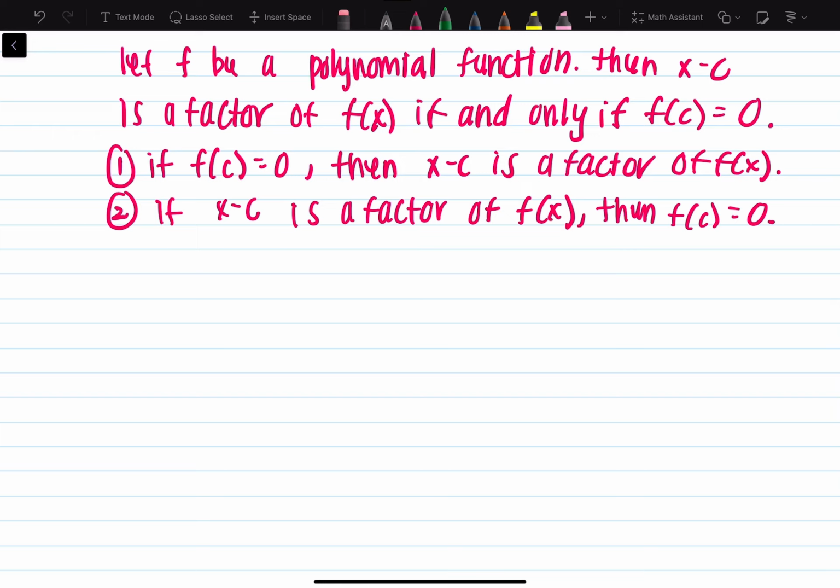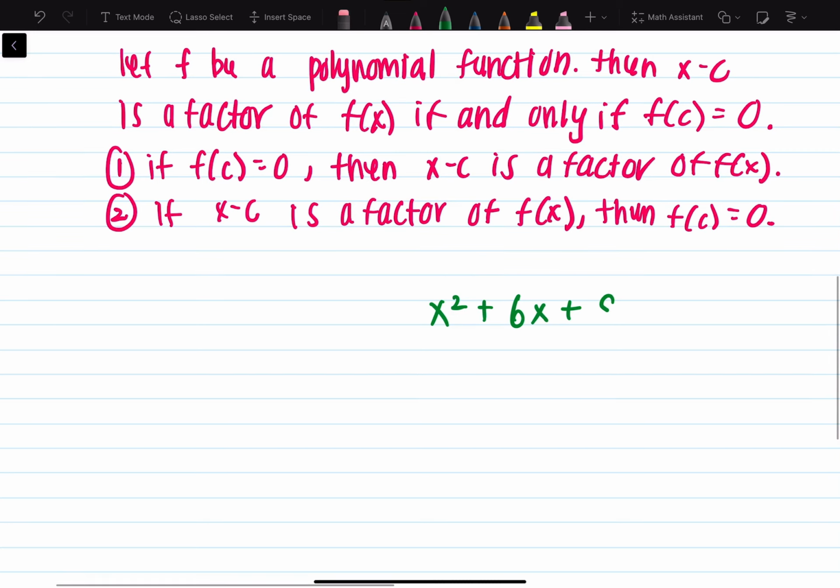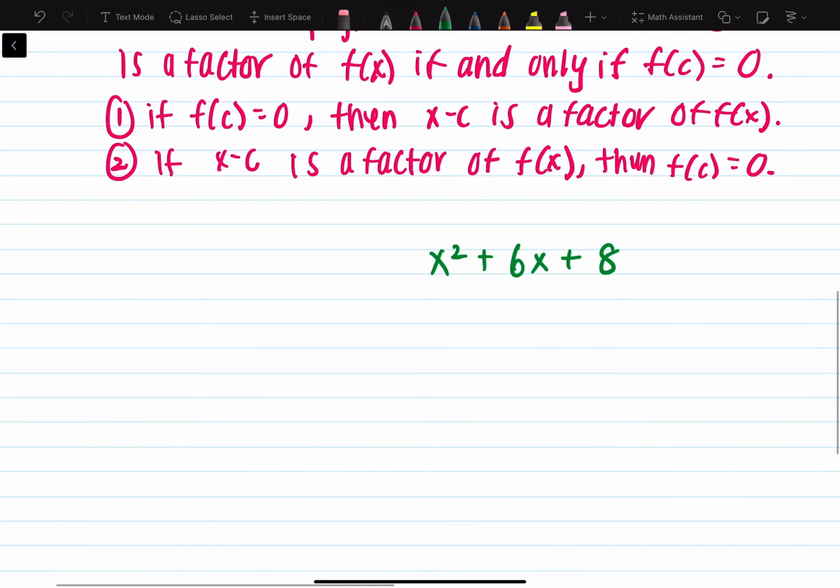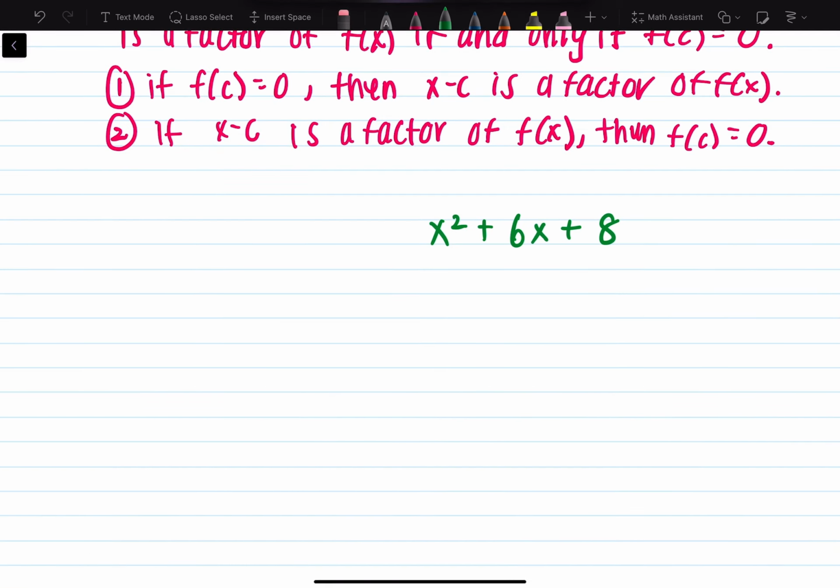Like, for example, you don't have to write this, but just to refresh our memories, if I give you x squared plus 6x plus 8, right? And I wanted you to go ahead and factor this polynomial. This is easy to do, right?